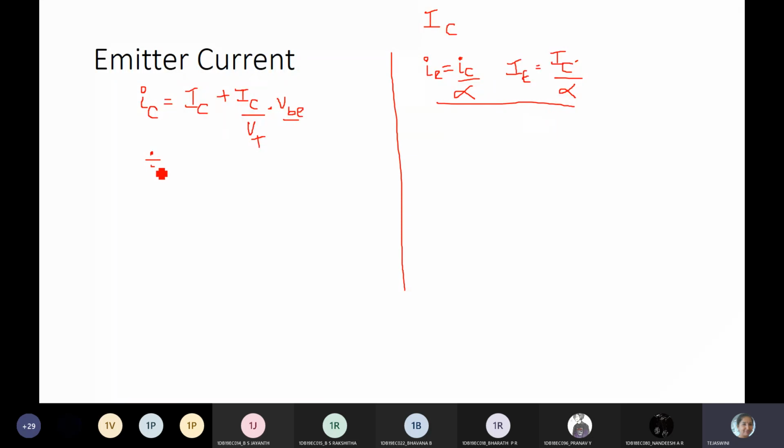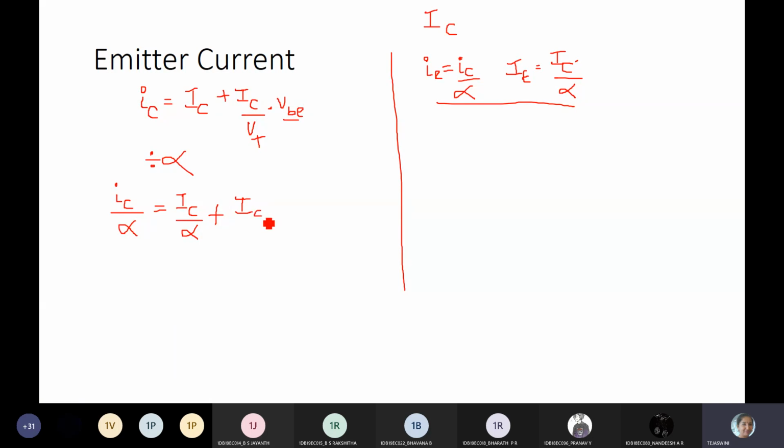So divide both sides by alpha. Then iC by alpha is equal to capital IC by alpha. Very simple expression. Don't make it complicated. You should know the notation; I already told you in the beginning: IC, alpha, IC by IE, beta, everything you should remember. We want emitter current, that's why we are dividing throughout by alpha.